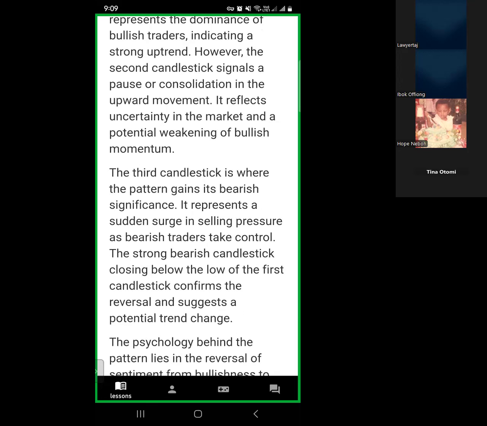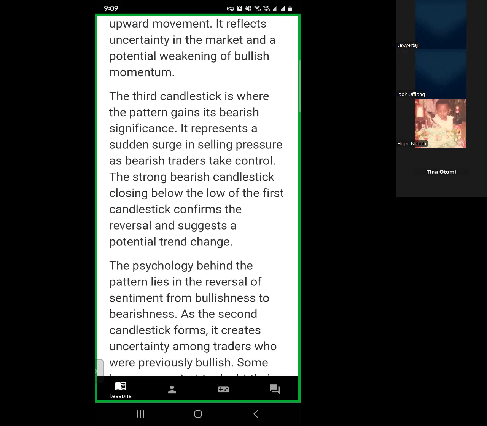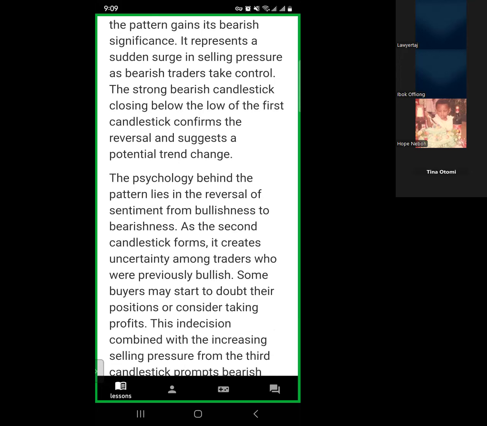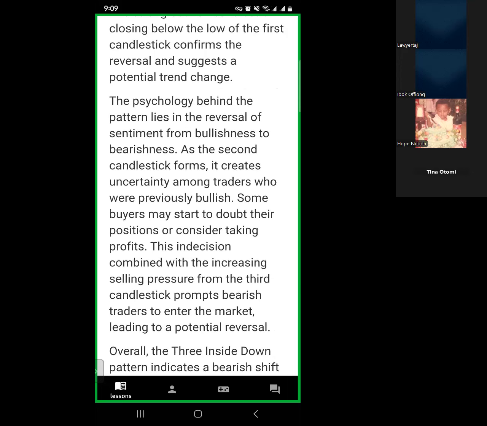The third candlestick is where the pattern gains its bearish significance. It represents a sudden surge in selling pressure as bearish traders take control. The strong bearish candlestick closing below the low of the first candlestick confirms the reversal and suggests a potential trend change.